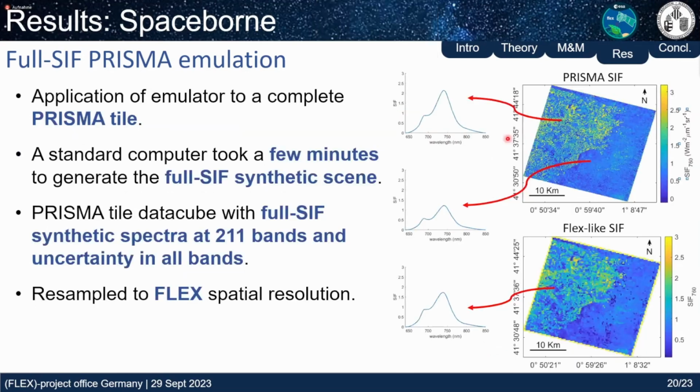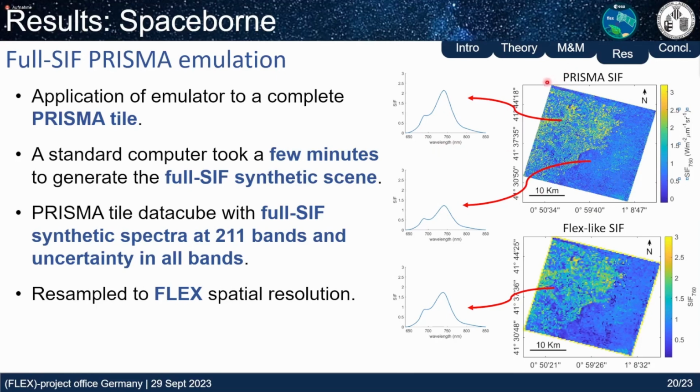And once we applied the emulator to the complete PRISMA image, we finally obtained a full SIF spectrum for an image from space. And this emulator only takes a few minutes to generate the full SIF synthetic scene.